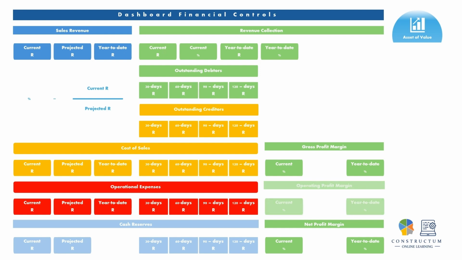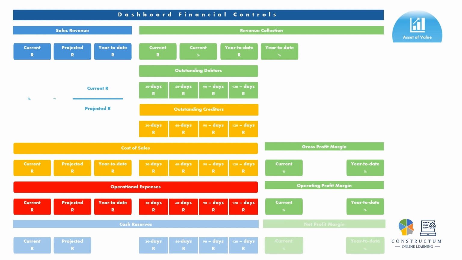The next profitability ratio to include is operating profit margin, which is equal to operating profit over total sales revenue, as per the information reflected in the profit and loss statement. This measure reflects the value of profits after deducting operational expenses, but before interest and tax.